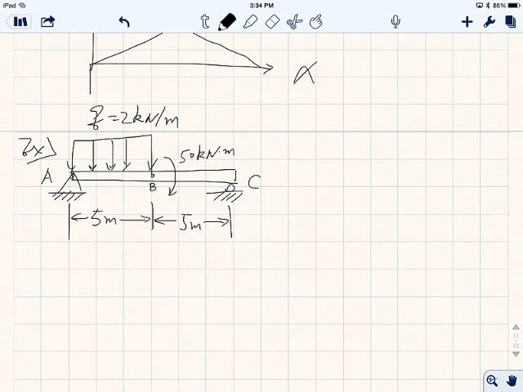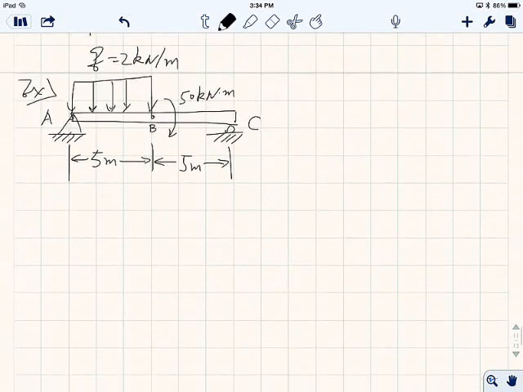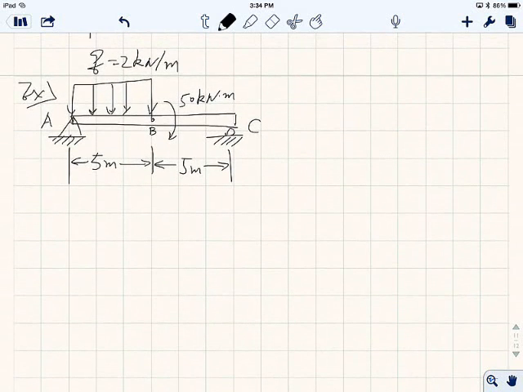As simple as that: the simplest supported beam with a distributed load on half of the length, and at point B a moment applied equal to 50 kilonewton-meters. It's asking us for two things: the shear diagram and the moment diagram.